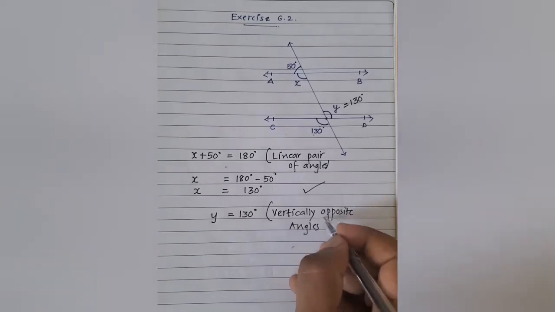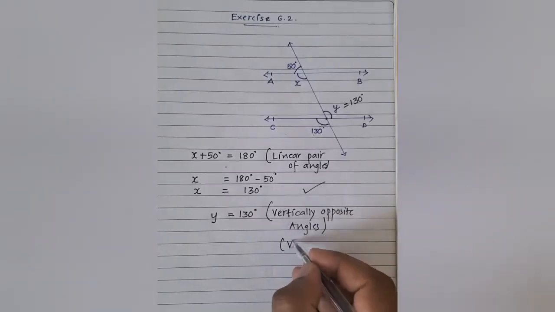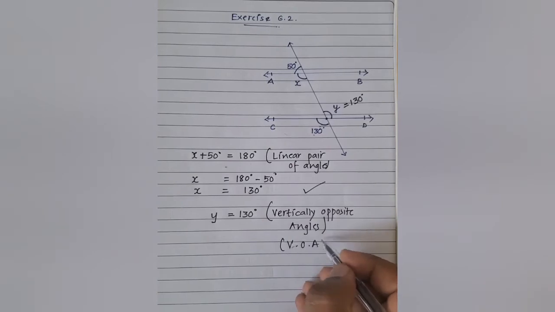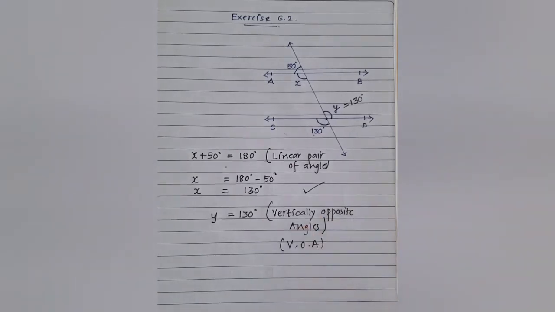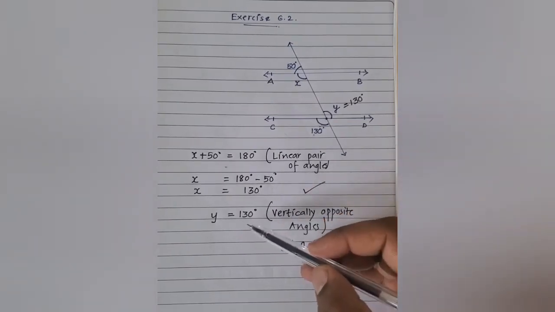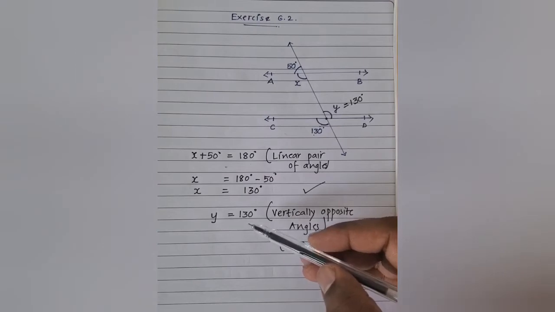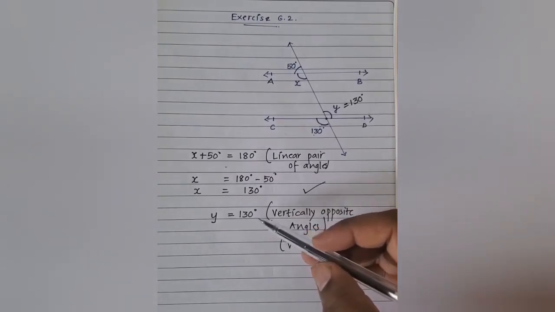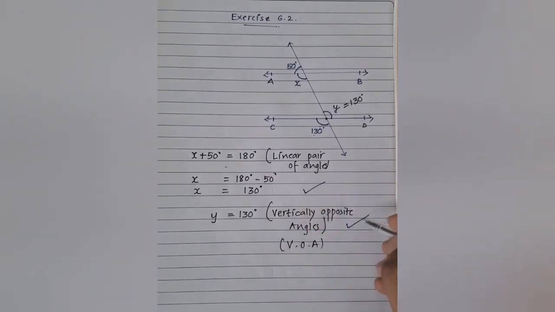Okay, maybe if you want, you can mention it in short as VOA. So what does VOA stand for? Vertically opposite angle. So we have already found x, and now y is equal to 130 degree. So this was the solution to question number 1.